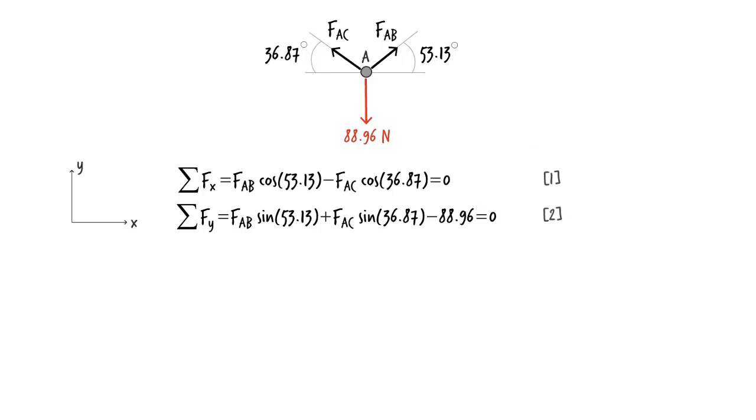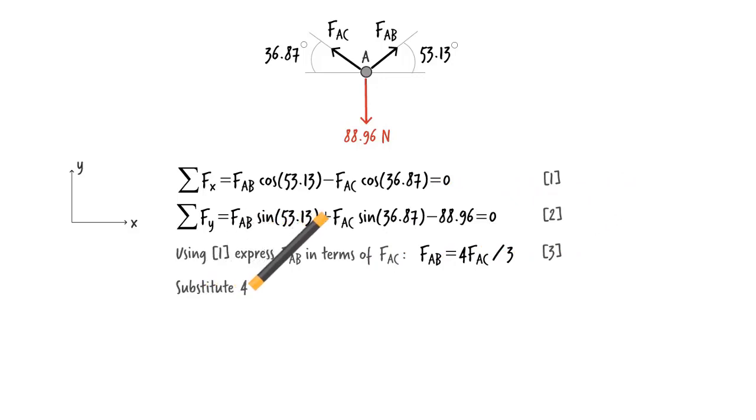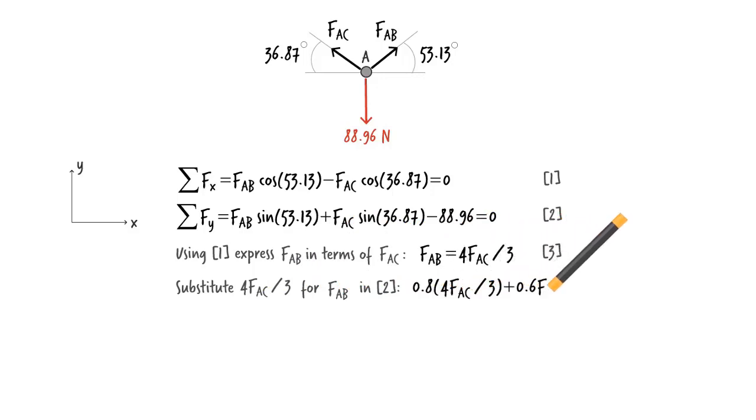We can use equation 1 to express FAB in terms of FAC. Then we substitute 4 times FAC over 3 for FAB in equation 2 to get this equation.